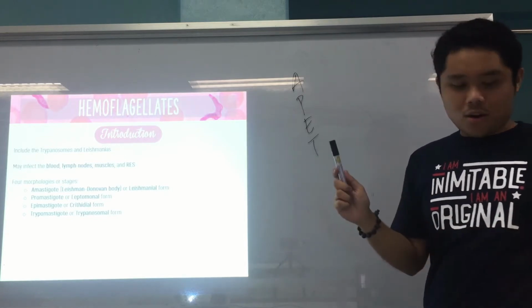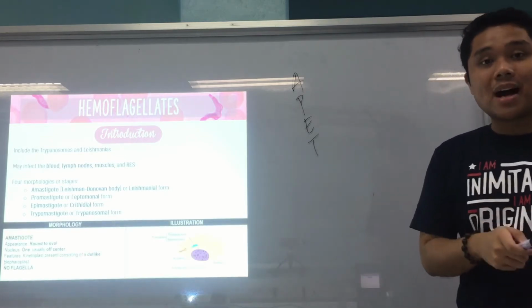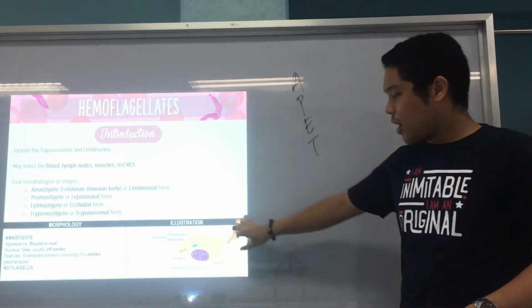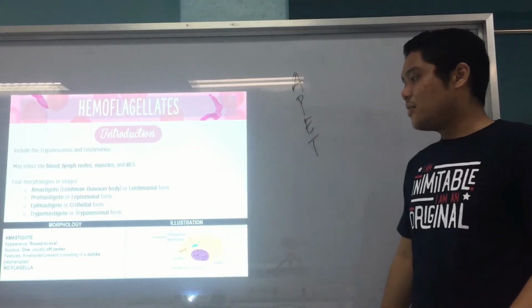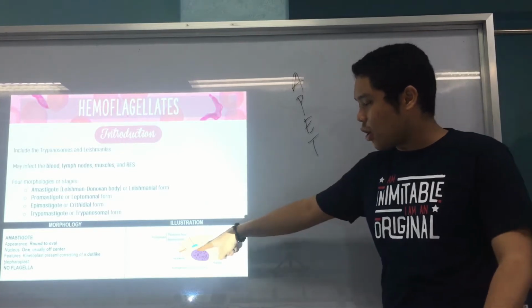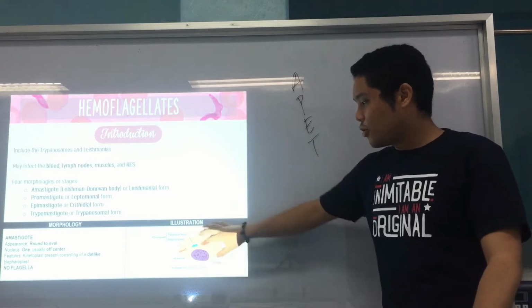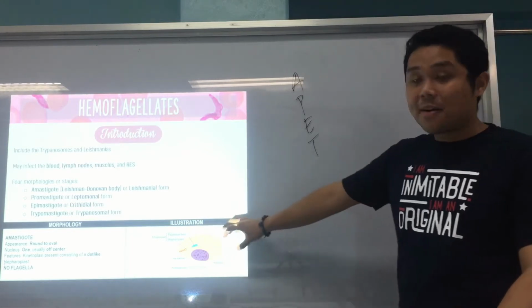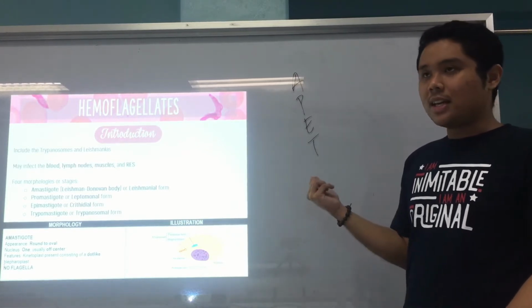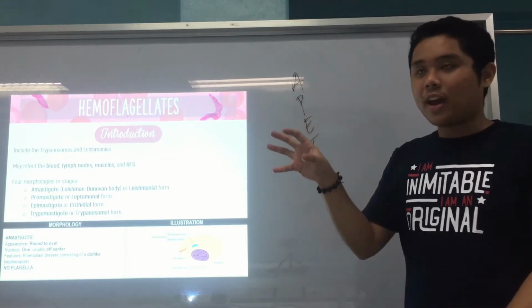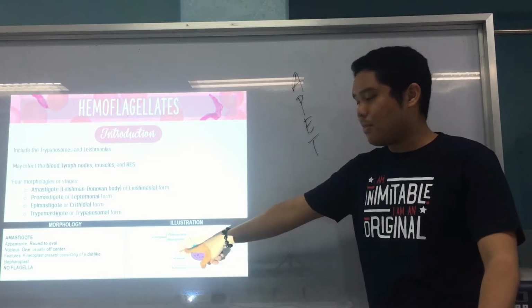Alright, we'll now go through the first stage, which is your amastigote. For the morphology, as you can see, it's round or oval. The nucleus is at the center, and you have a kinetoplast, which consists of a gut-like blepharoplast and also your parabasal body. It doesn't have any flagella yet. Your kinetoplast is an umbrella term for your parabasal body and your blepharoplast.